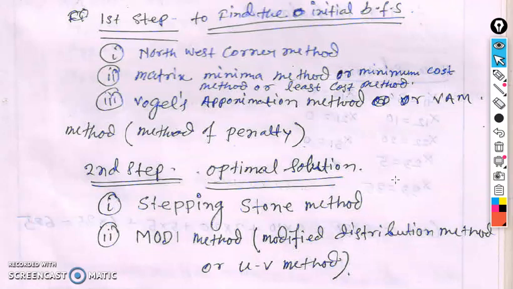But when we solve a transportation problem, we cannot use the normal simplex table to find the optimal solution. It's a different approach of the simplex method. It's still simplex, but you cannot draw any table according to the usual simplex method.